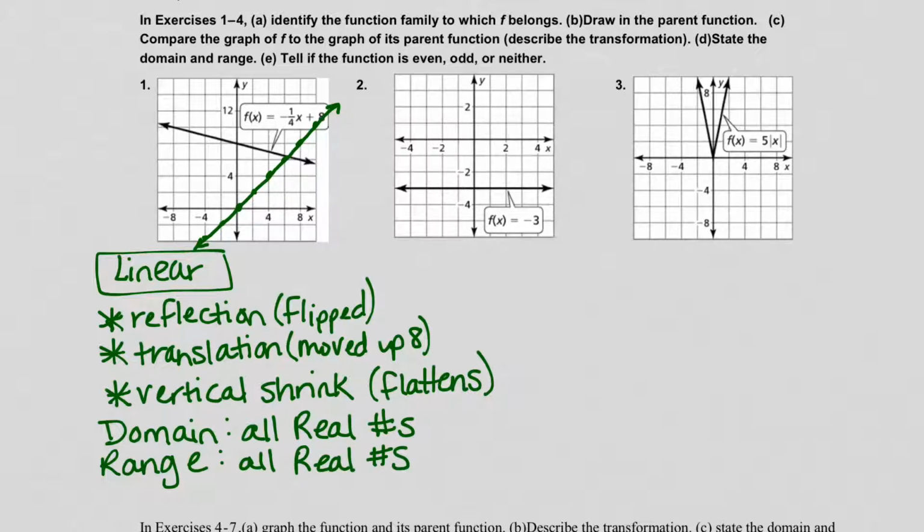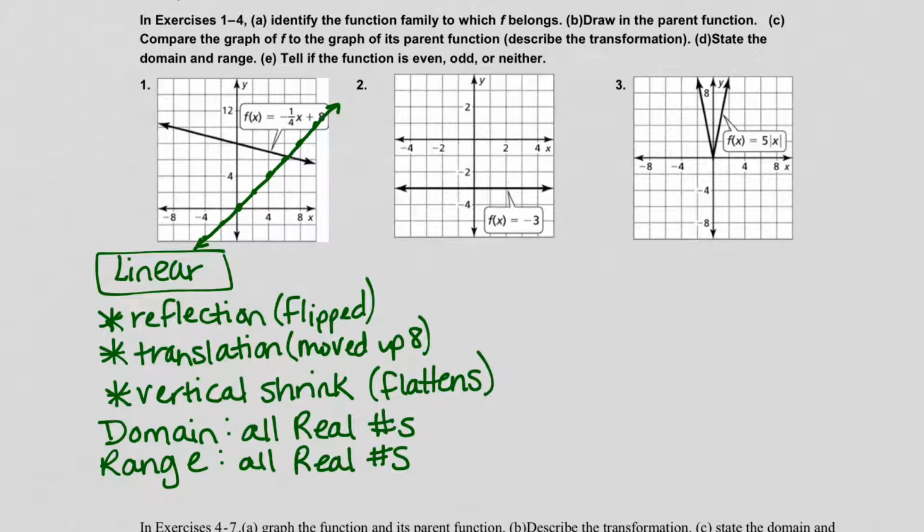And then it wants us to tell whether this function is even, odd, or neither. To make a function even, if I were to reflect it across the y-axis, is there some form of symmetry? When we get to quadratics and higher powers, there's another way that helps us remember this.